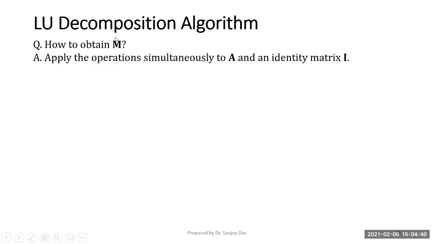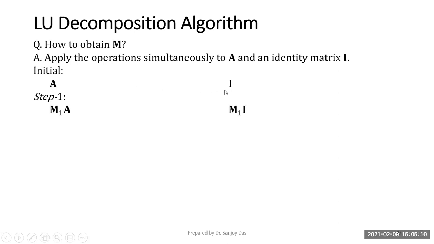So how do we obtain this M? The solution is to apply the same row operations simultaneously to A and an identity matrix I. So initially what we have is A and this identity matrix I. And then in step one, what we do is pre-multiply. Basically, we're doing some row operations, right?